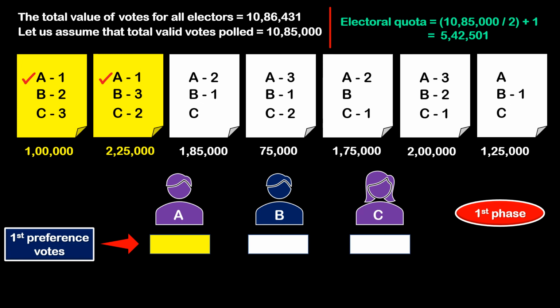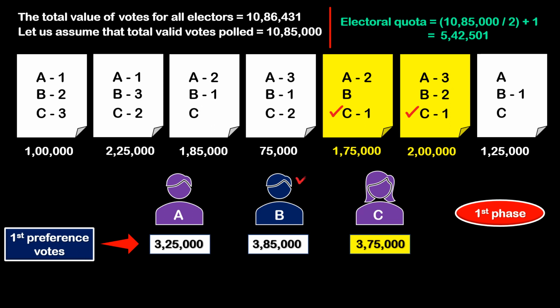In our example, it comes out to be 3,25,000. Similarly, the cumulative votes in all the ballot papers where candidate B has received the first preference come out to be 3,85,000. And finally, the cumulative votes in all the ballot papers where candidate C has received the first preference come out to be 3,75,000.